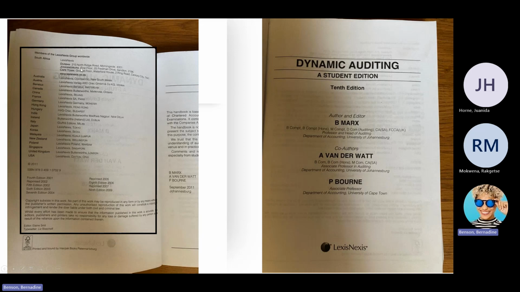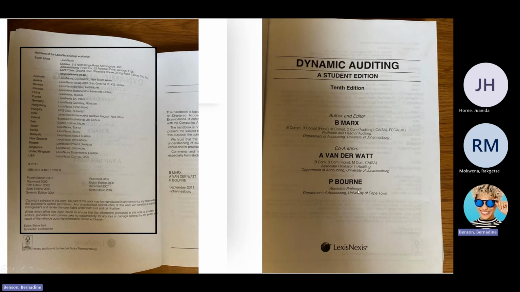There will be a colon, there will be a space, and then you will write LexisNexis as it's written here: a capital L-E-X-I-S, no space, capital N-E-X-I-S, full stop. And this is where your authors are. This one is a little bit different because the first author is also the editor.